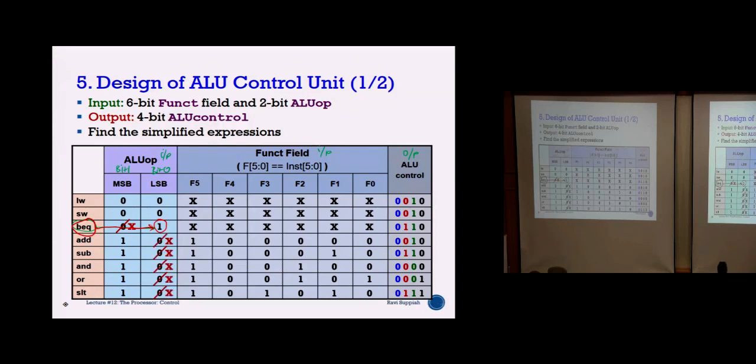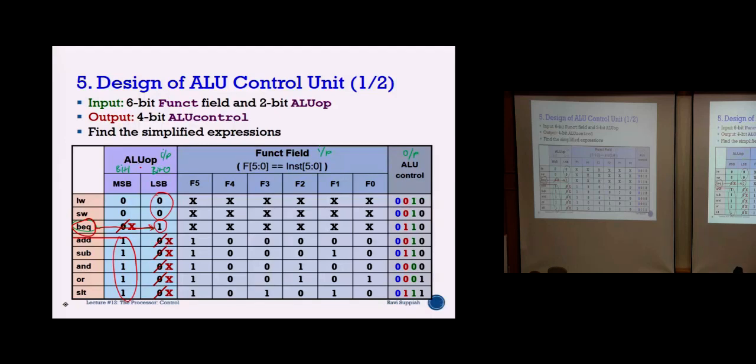The second thing you can do is, you can see that for your ALU op, it is always 1 and 0, correct? Similarly, since the load word and store word have the least significant bit 0, and all of this has 1, I can ignore the 0 at bit 0.